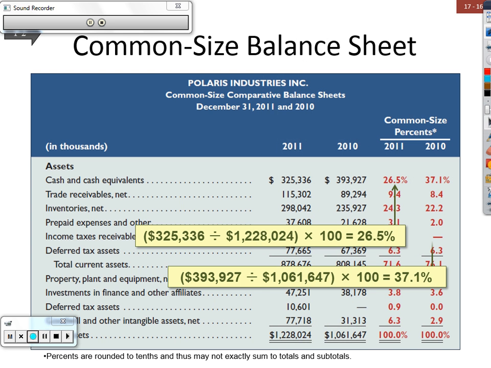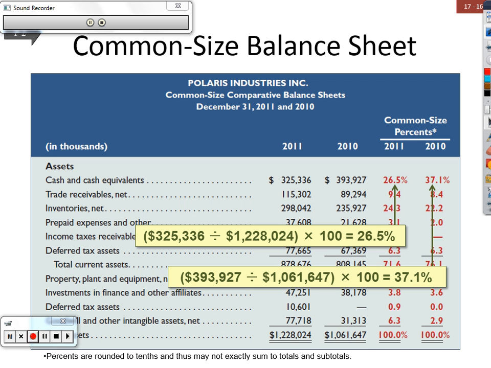So let's look at it here. They're giving you an example. We have 2 years in this case, and we're trying to find the common size percent for each year. If we start off with 2011, which is the current year, total assets equal $1,228,024.